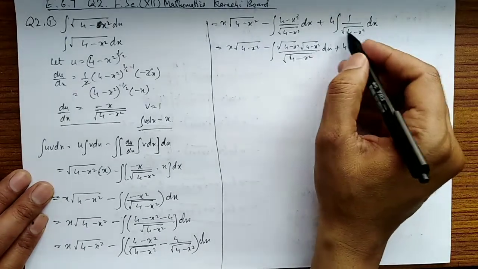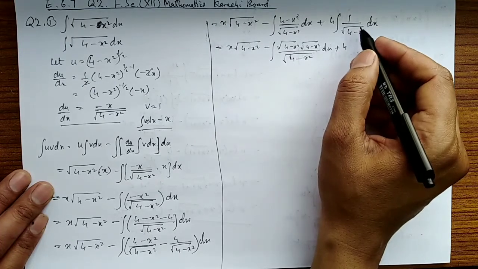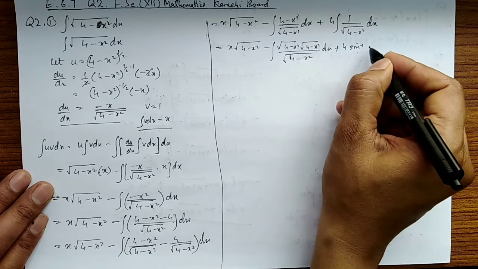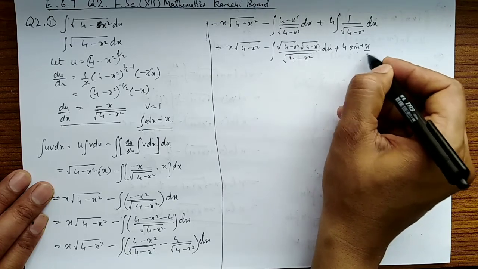and for this part we have the formula, that is sine inverse of x upon 2.